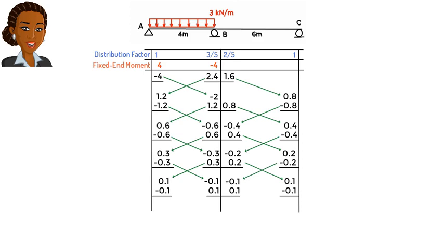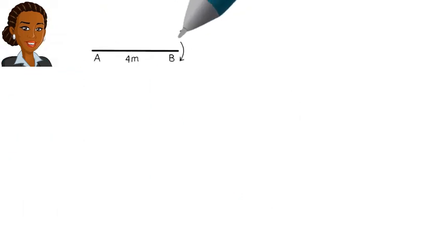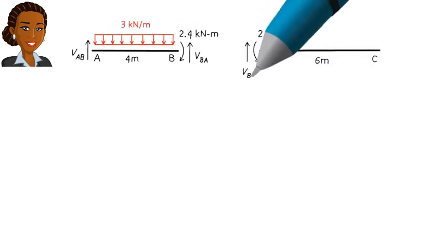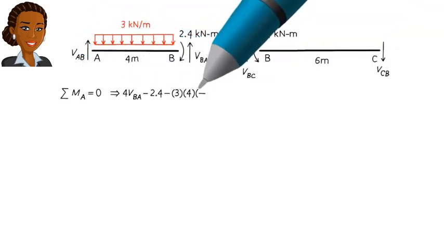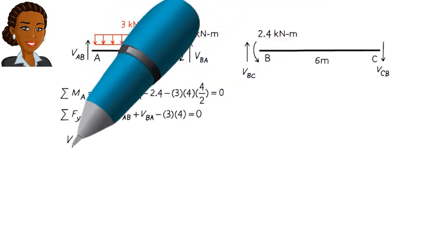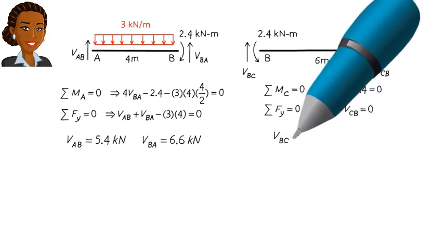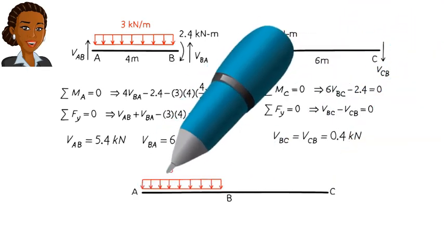Now, add up the column values to determine the member end moments. We then apply the equilibrium equations to each segment to complete the analysis. Here are the support reactions for the beam.